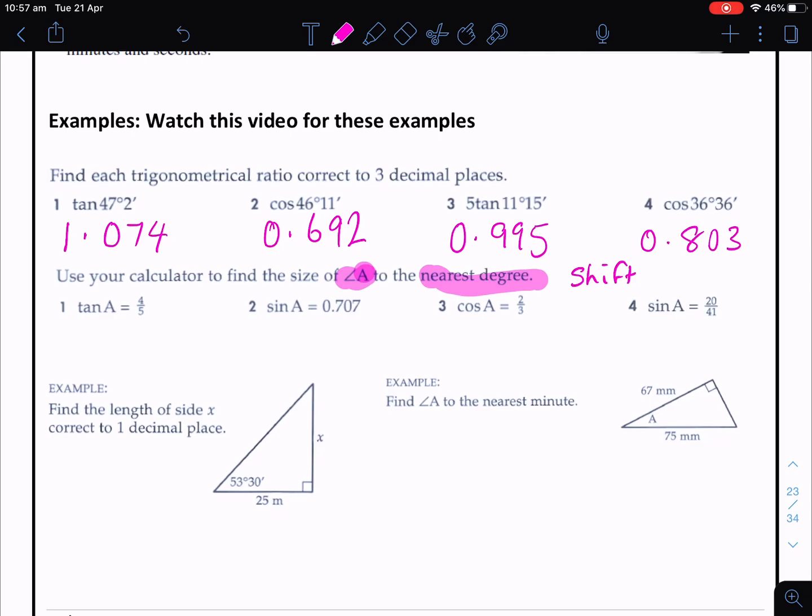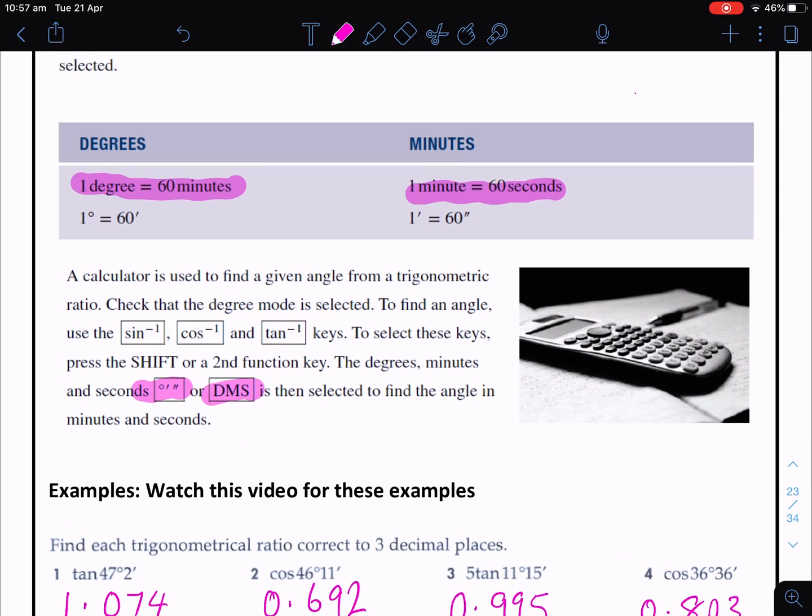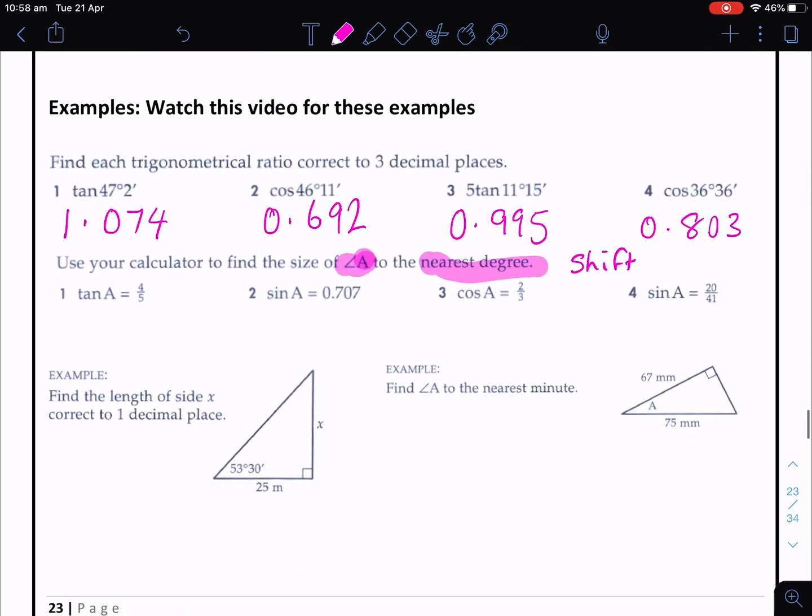Now this is where you need to be careful, because remember back up here it tells us that degrees, minutes, seconds is 60 minutes and 60 seconds. So when we're rounding, we're looking for anything above 30 or below 30. So for this one here, when I write it out, my answer says 38 degrees, 39 minutes, and 35.31 seconds.